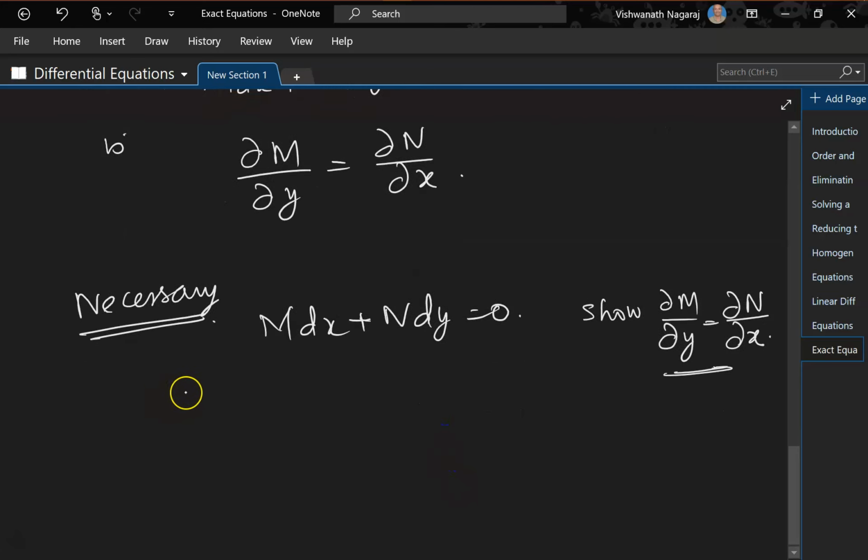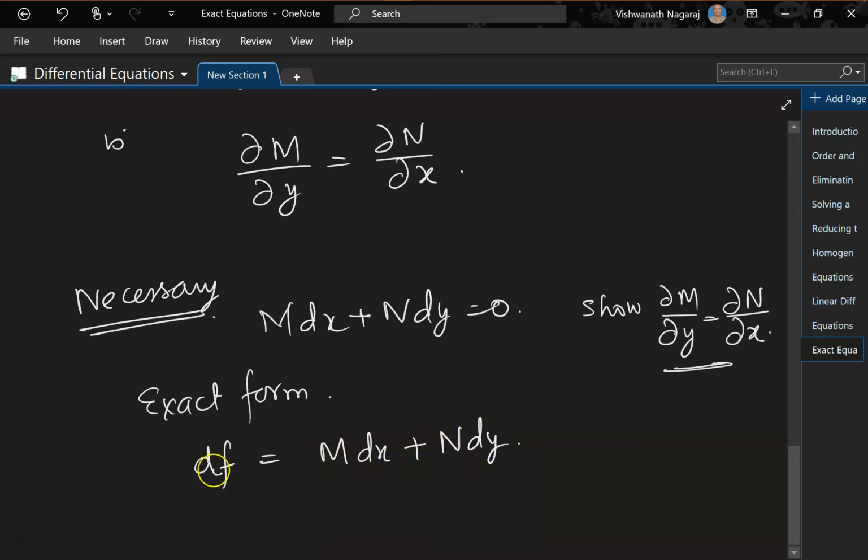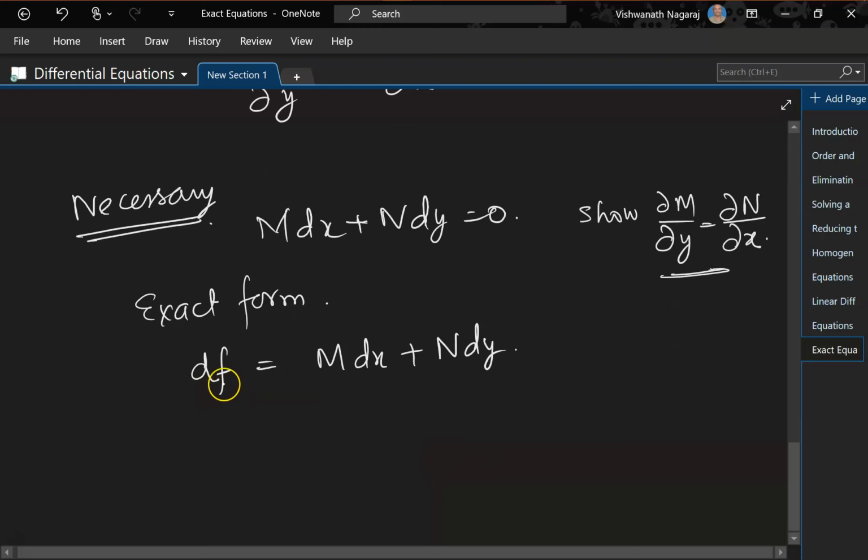Now, by looking at it, we know that it is in a particular form, which we call exact. So df is going to be M dx + N dy. That means there is a function whose differential is equal to this, and that function is f.